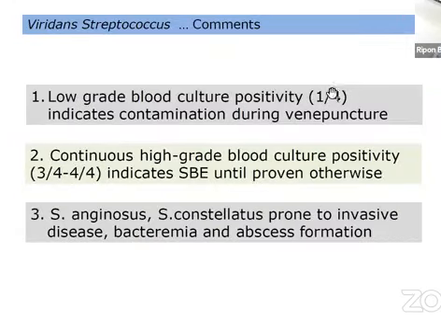Again, 1 out of 4 culture positivity usually indicates contamination during venipuncture. So it is very important to be careful, and we should follow the SOP of blood collection for blood culture, so that we can avoid this contamination. And culture positivity in 3 or 4 out of 4 indicates bacterial endocarditis.